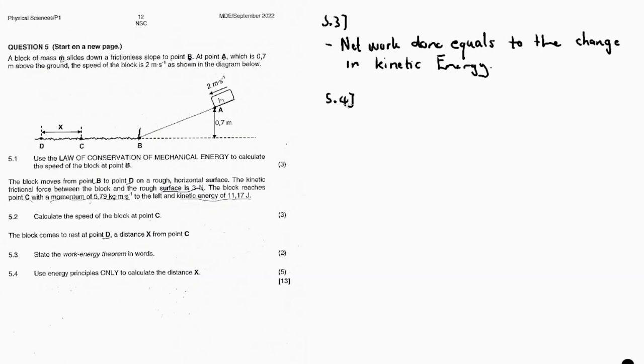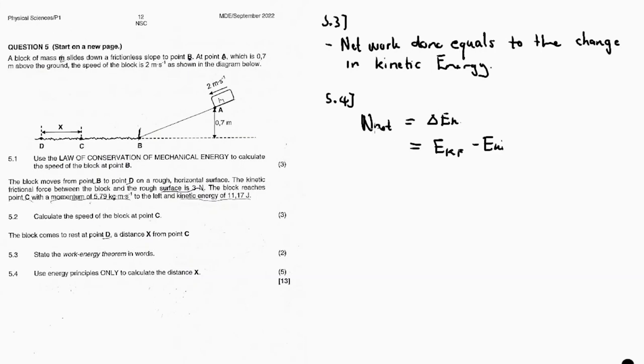Zoti 5.4, the net work done is equal to the change in kinetic energy. A change in anything, it's final minus initial, so EK final minus EK initial.